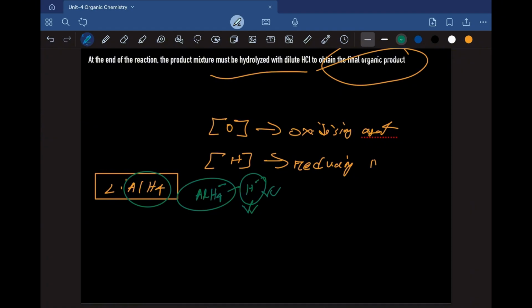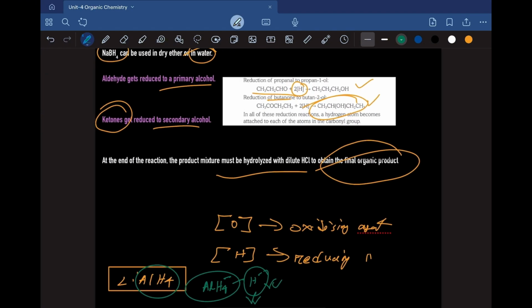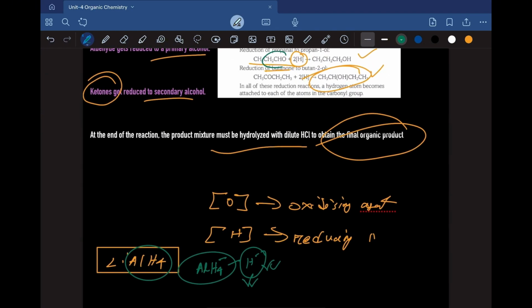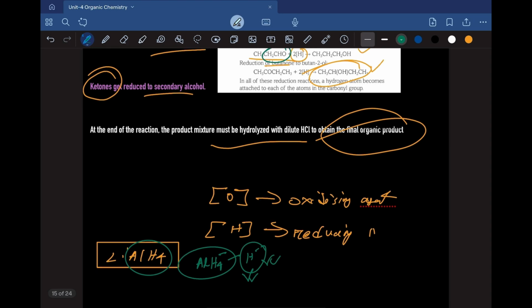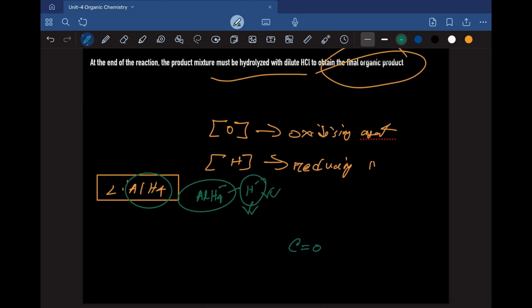And here we know there is a carbon oxygen double bond, right? So we can write it down like here. Carbon oxygen double bond: the carbon is electropositive, the oxygen is electronegative. So this H minus nucleophile will come right here and attack the electropositive carbon atom, just like the mechanisms we have done previously.